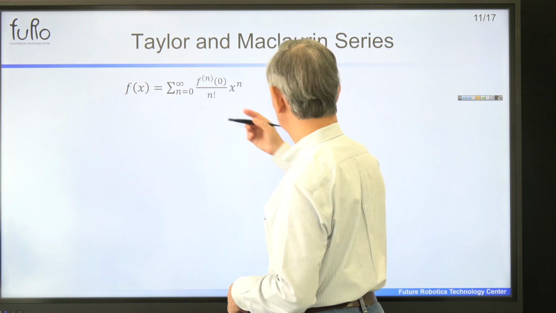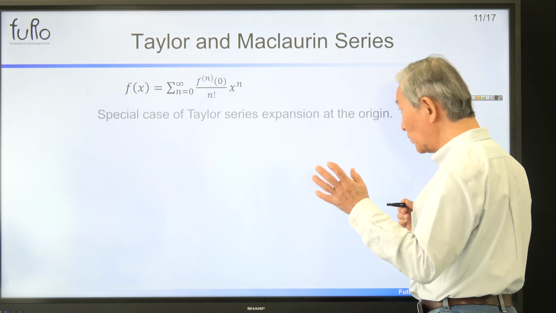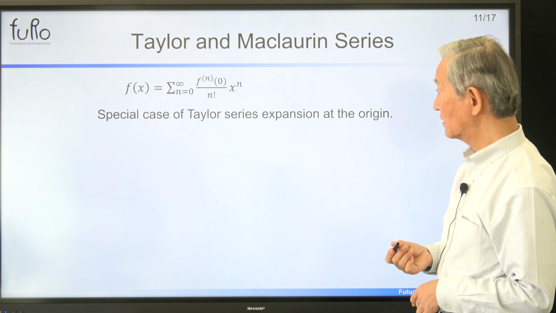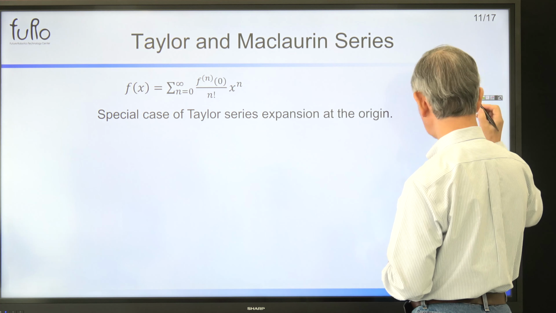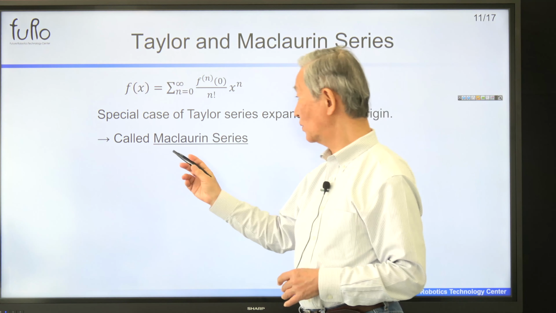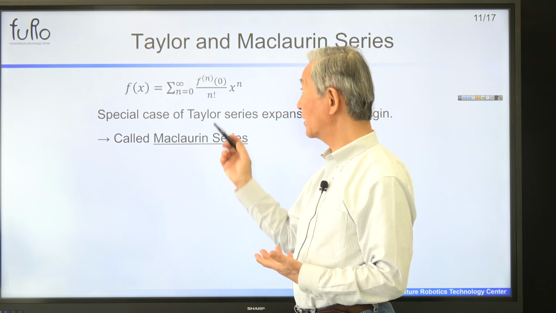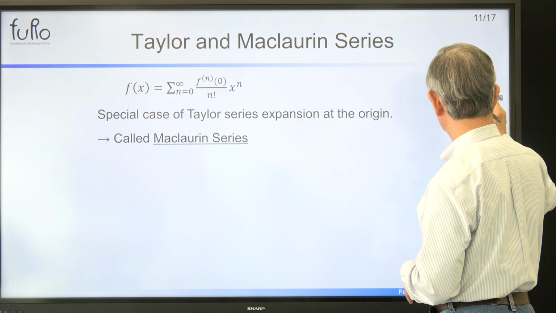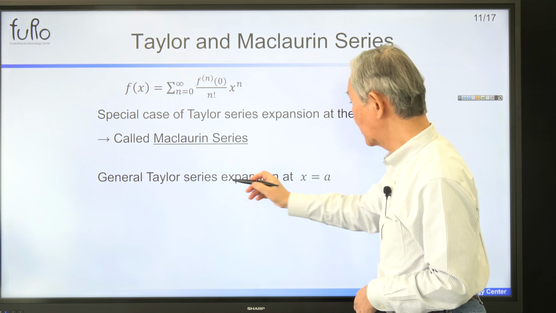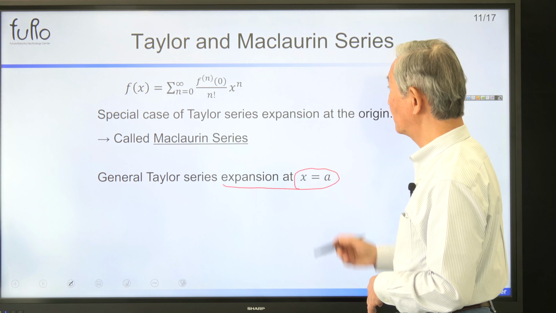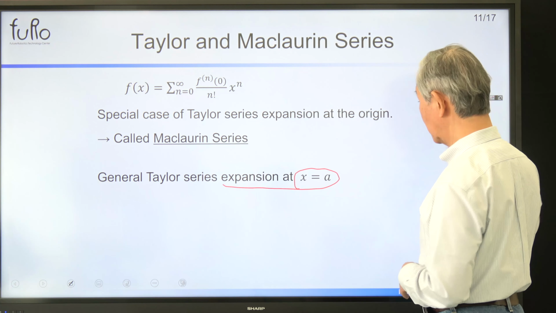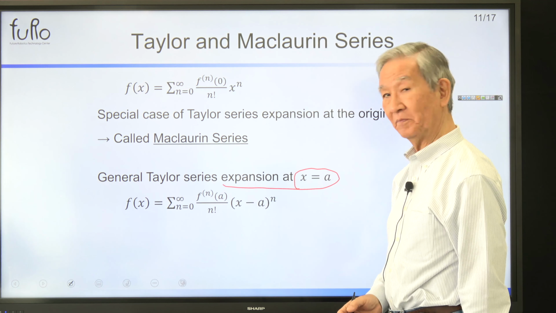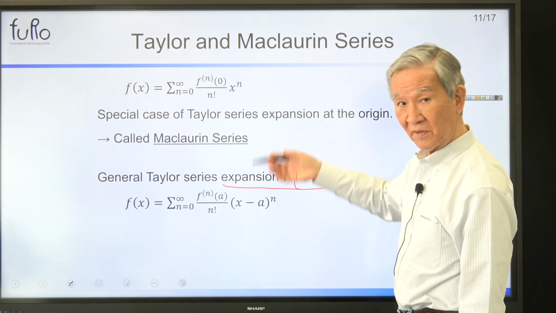This one here is so useful that it has a name, called the Maclaurin series. Maclaurin came up with this series and Taylor generalized it into this. Expansion at x equal to a, then it has this form here. Can you see the difference here?